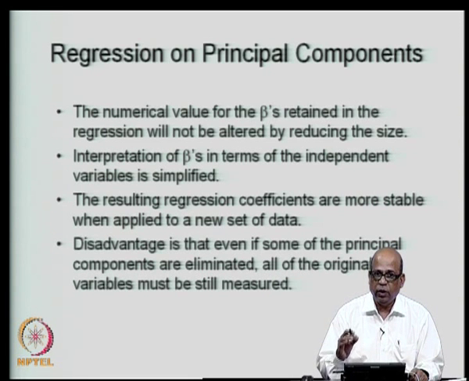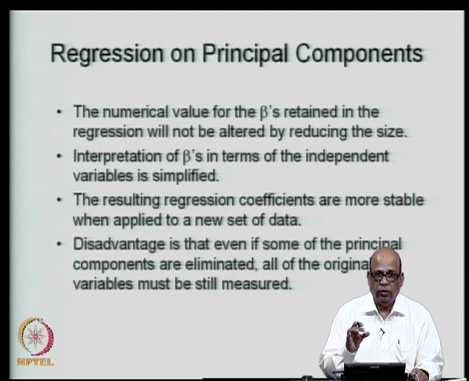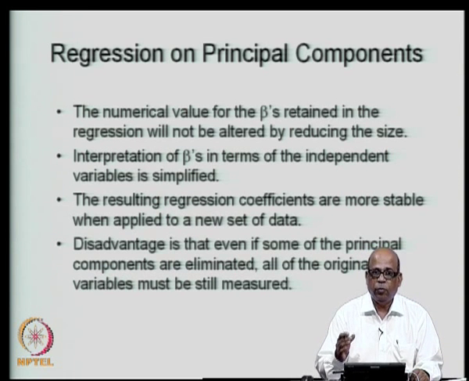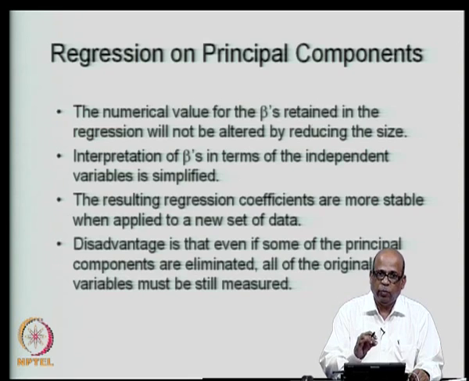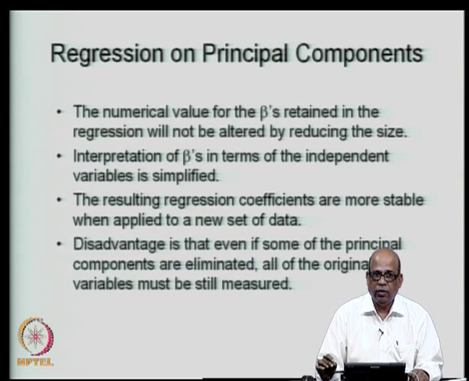This I keep on repeating, that the principal components that we are using now should not be related one to one with the original variables. These principal components are linear combinations of all these 10 variables. And therefore, even if you use only 3 principal components, the original data must be available for all the 10 variables. So, that is a minor disadvantage.